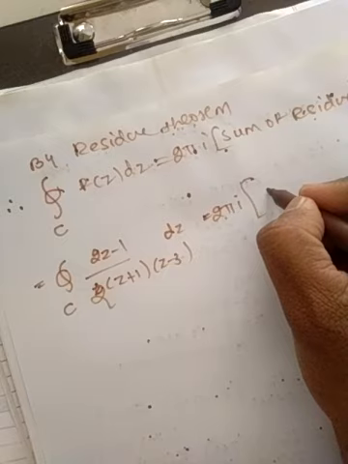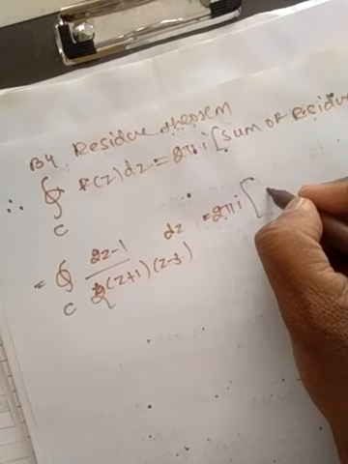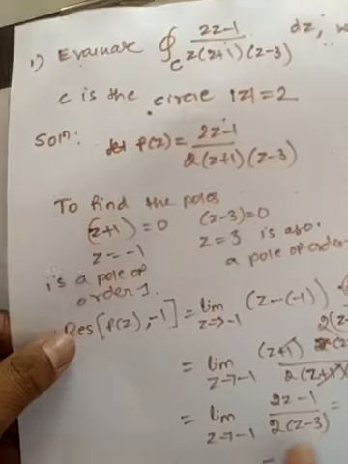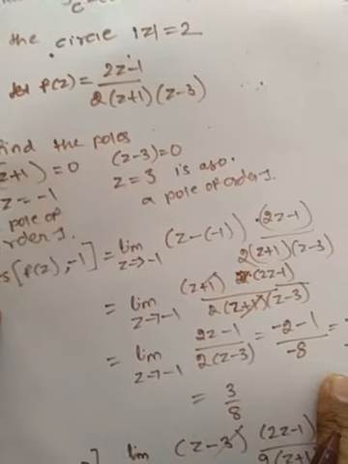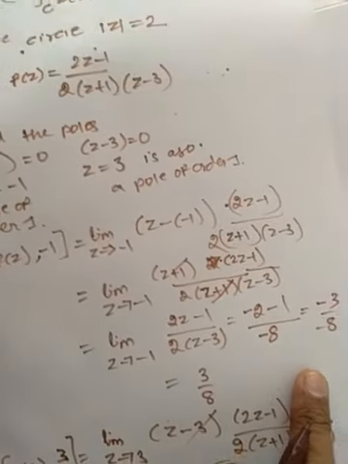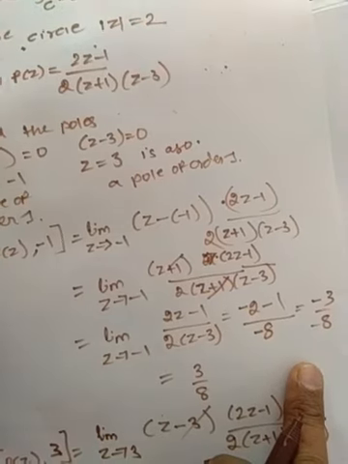The first residue we have calculated, at z is equal to minus 1, is 3 by 8.